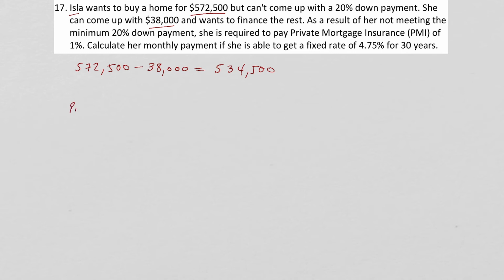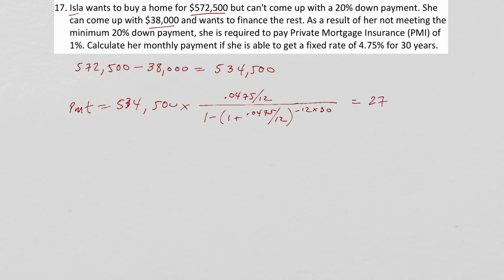So her mortgage payment is going to be that amount, $534,500, times her rate divided by 12, over 1 minus 1 plus her rate divided by 12, to the negative 12 times, this is a 30-year mortgage. And this is going to come out to $2,788.21. So that's her mortgage payment.